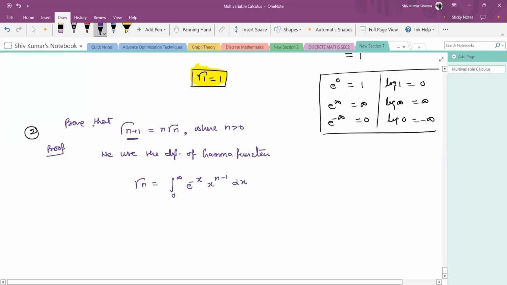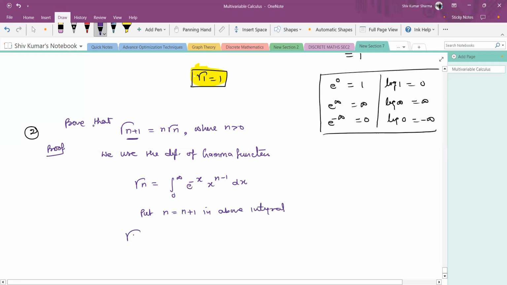We see that the LHS of our property is gamma n plus 1. So here we put n equal to n plus 1 in the above integral.